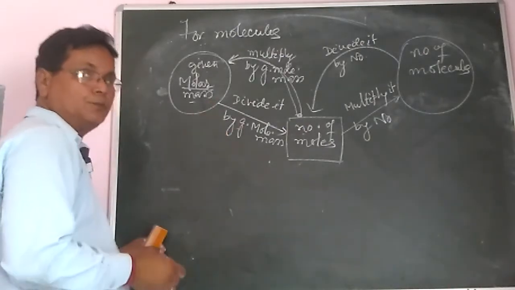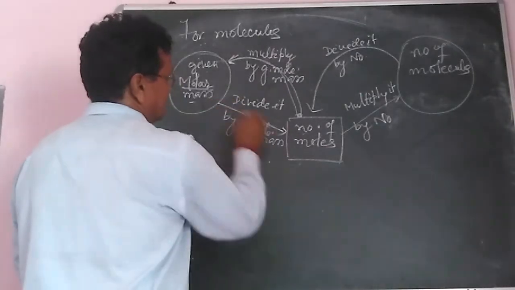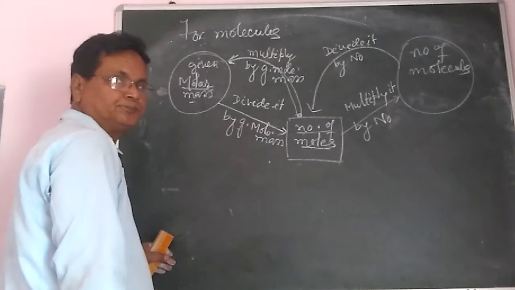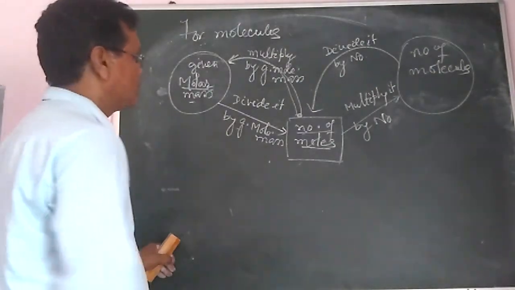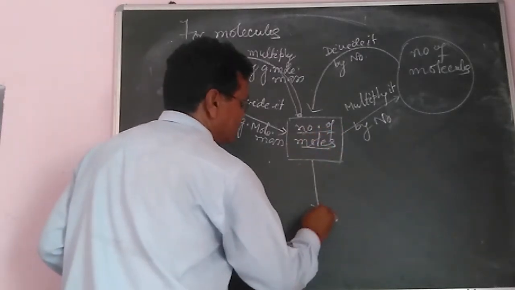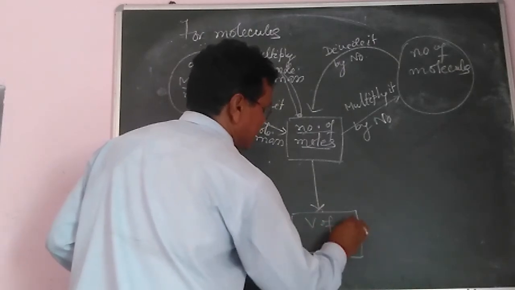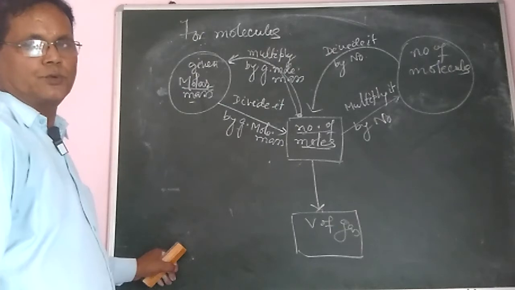Now in case of gaseous molecules, if you have to find the number of moles and then the volume of gas, how can you find it from the number of moles?